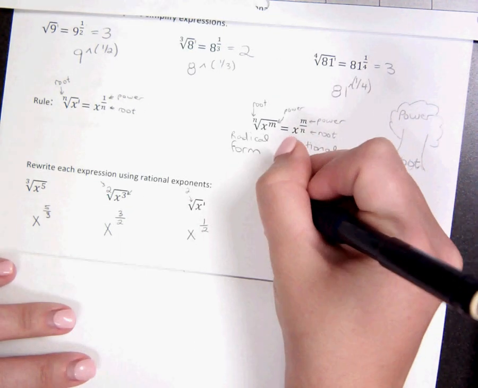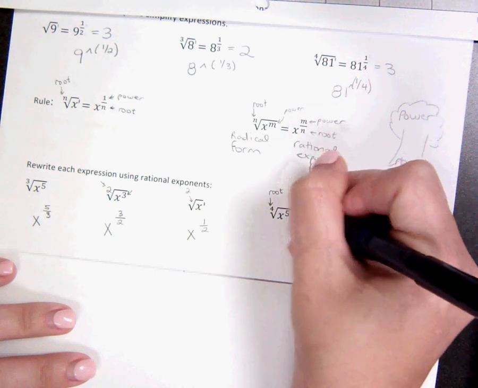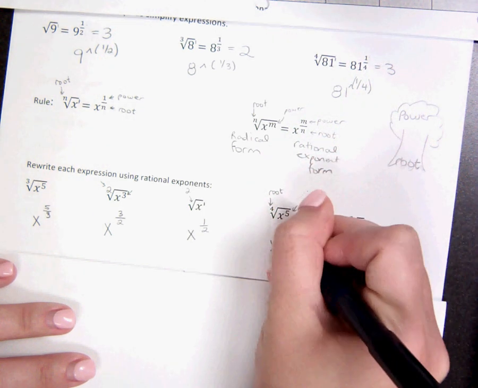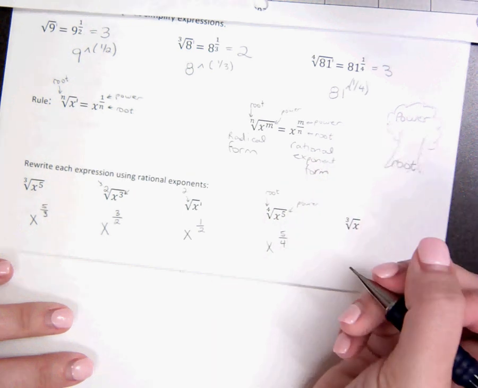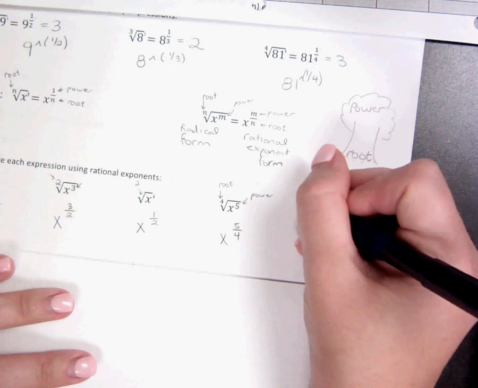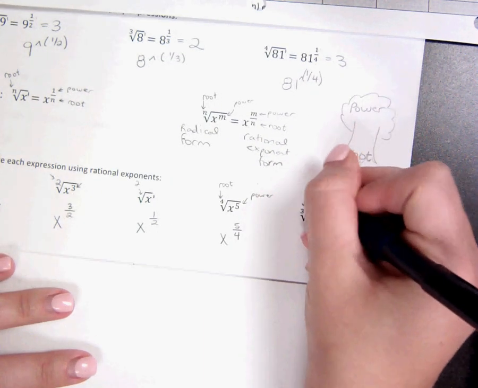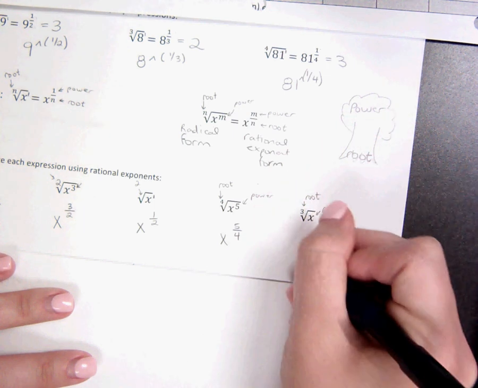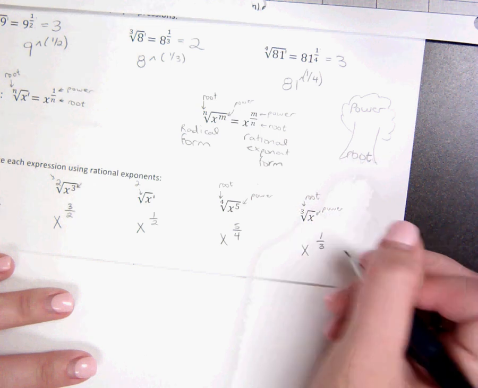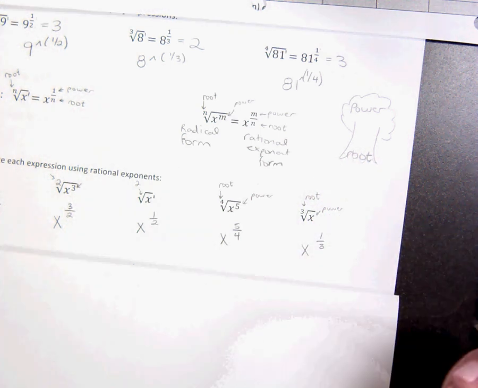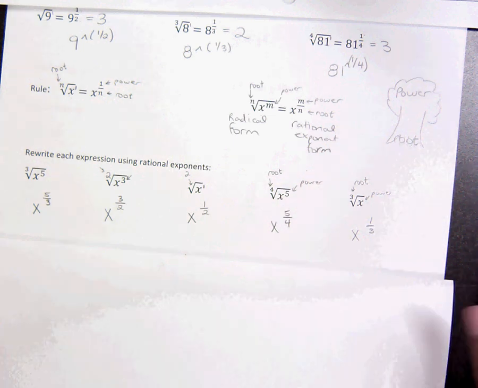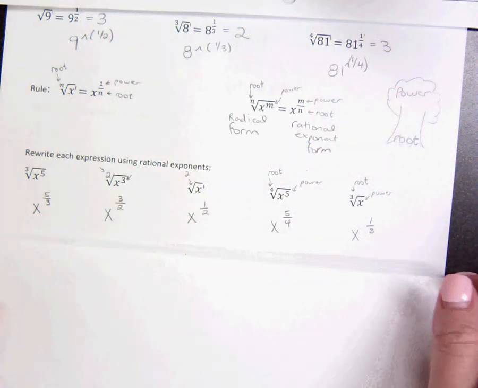Here the root is 4, the power is 5, so 5 over 4. And then last but not least, we have a root of 3 and a power of 1, so it's x to the 1/3. So some of your homework just wants you to practice switching between radical form and rational exponent form. We're not really solving anything or getting any sort of answer, we're just practicing.